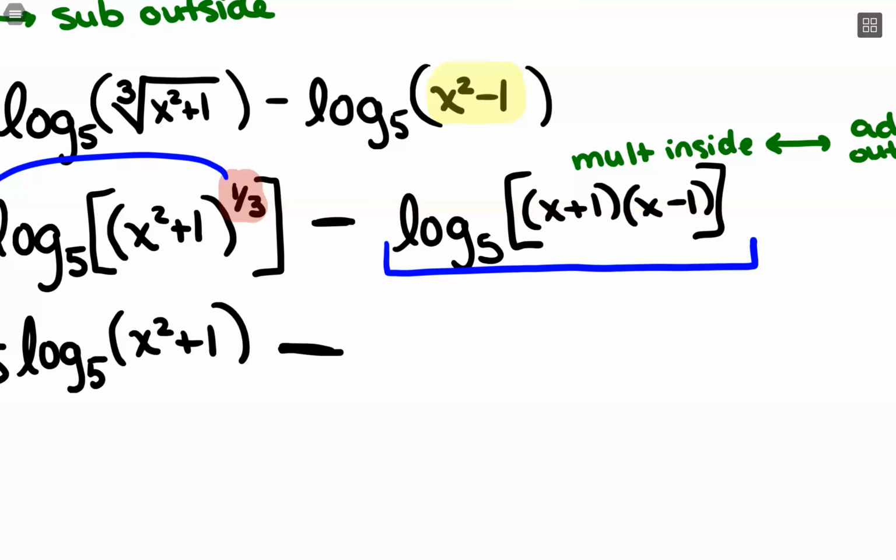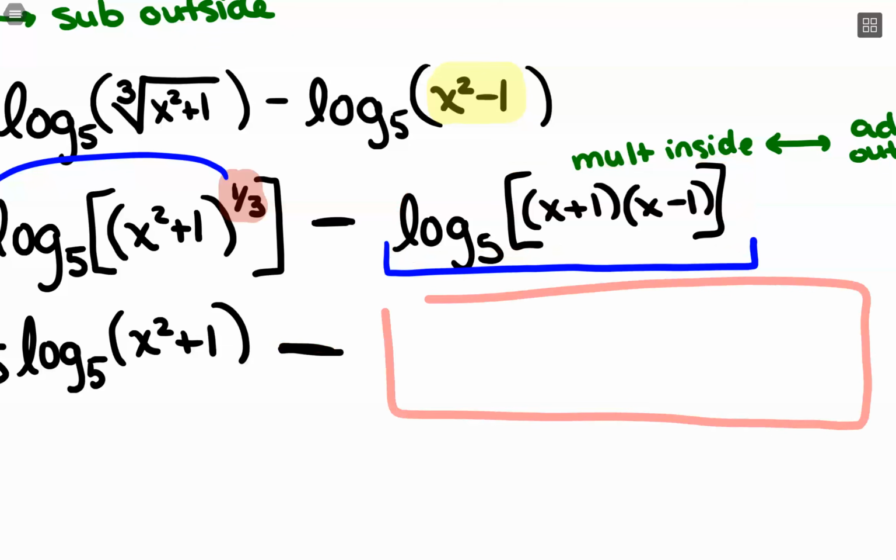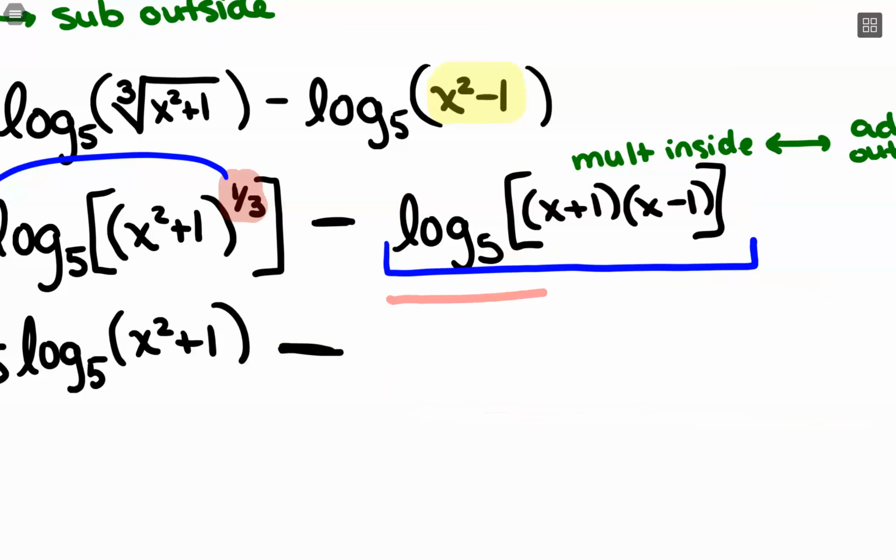This is incredibly important because we're subtracting this entire expression here. Well, then what we should have is a subtraction of this entire expression. But when we make this expansion, we're going to have addition in there. And we need to use parentheses here so that this subtraction of the entire expression translates correctly.